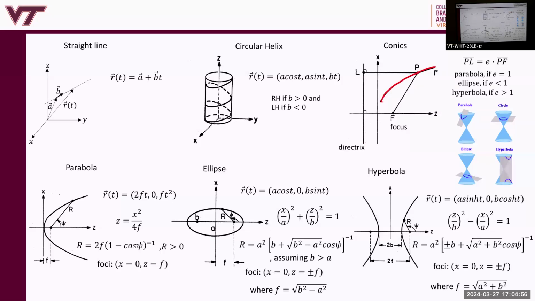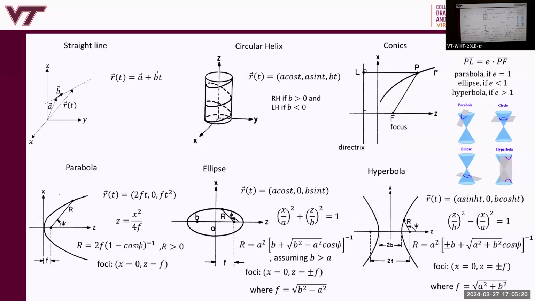The property of a conic section is that the distance between what's called the focus and a point P on the curve is related to the distance to the directrix.